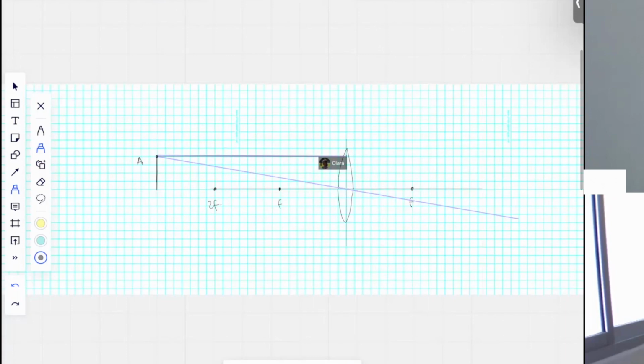Yeah, graph paper at home. Yes. Like that. Correct. Yeah. Wow. It's good.